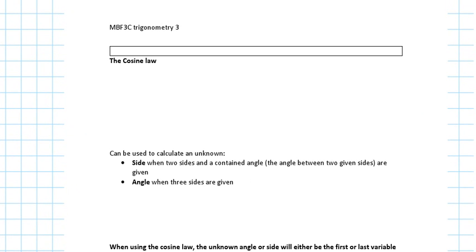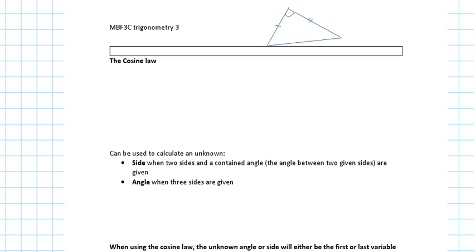In order for you to be able to use the cosine law, you need to have one of these two scenarios. You either need to have two sides and the contained angle, so the angle between the two sides. In this scenario, I don't have an angle and its opposite side.